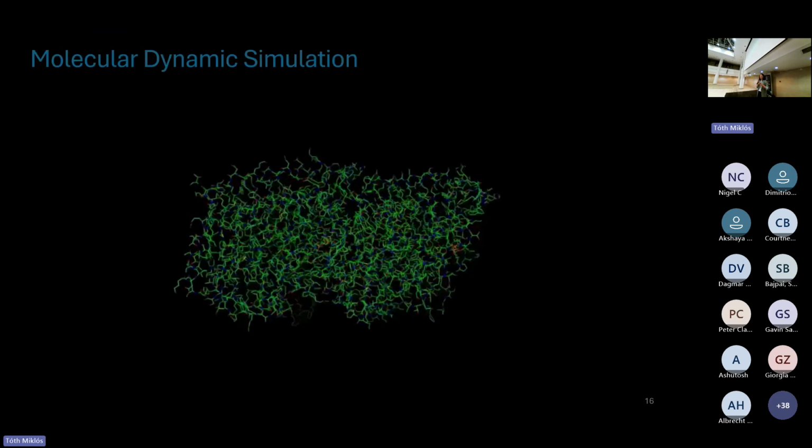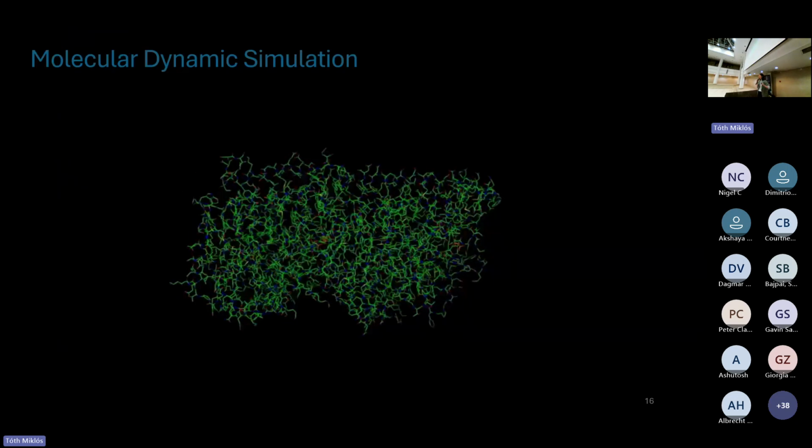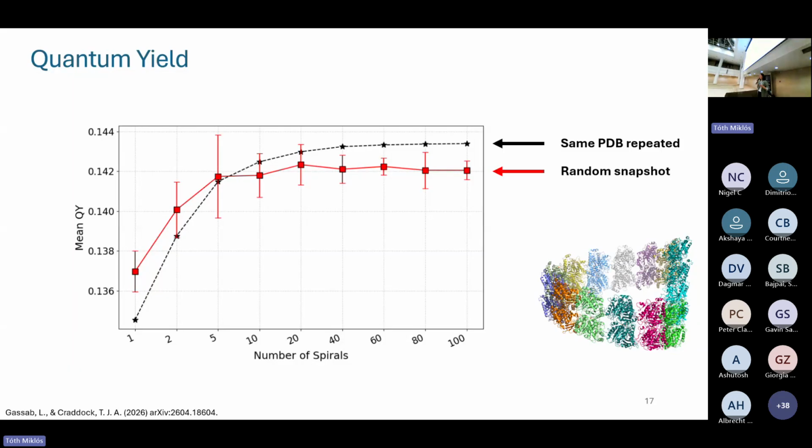So in the results, what we do, we start with a molecular dynamics simulation of this tubulin. And then for the quantum yield, what has been done before is we take the same protein from the protein database and you just repeat it to create the microtubule. So as you may think, there is kind of a symmetry in our system.